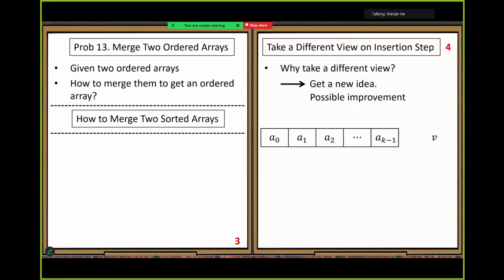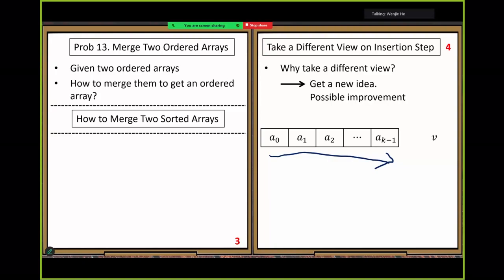Here you can see, comparing with merging two ordered arrays, the first half is the same, right? This array is ordered. When we merge two ordered arrays, the first array is ordered. For the insertion step, the second part of your data is a single element. But in the merge step, the second part is another ordered array.